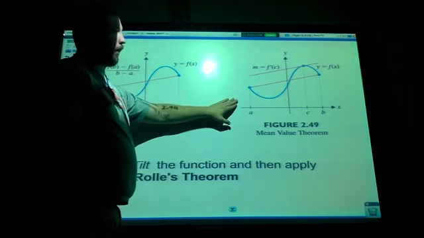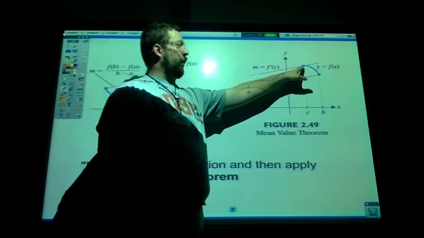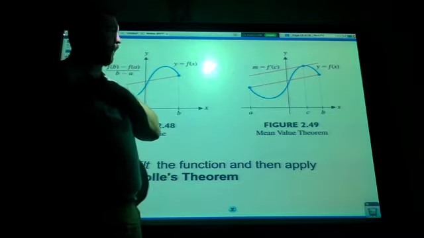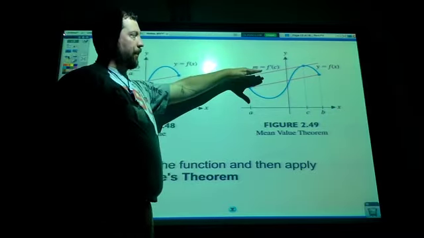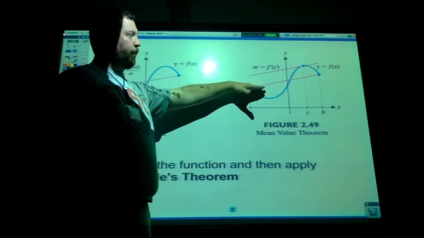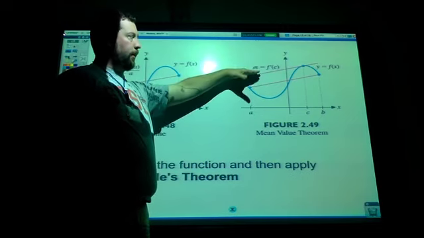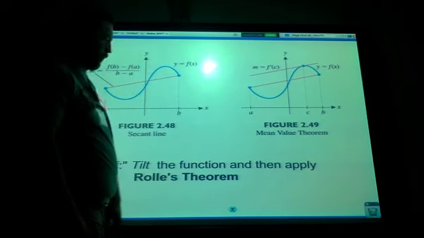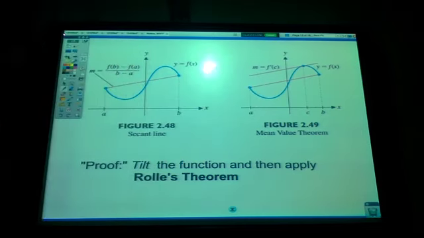And that's what we see over here. This point right up here, its tangent line is parallel to the secant line, so its slope is the same as the secant slope.